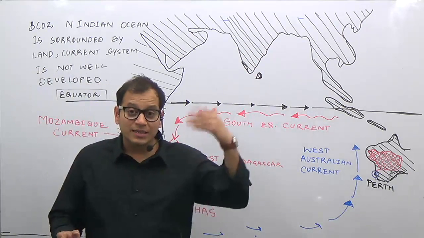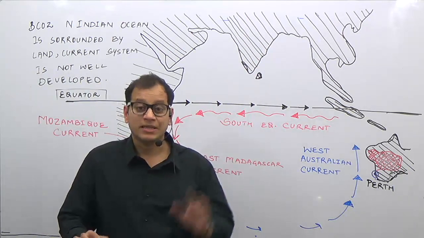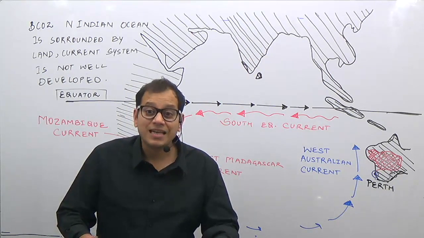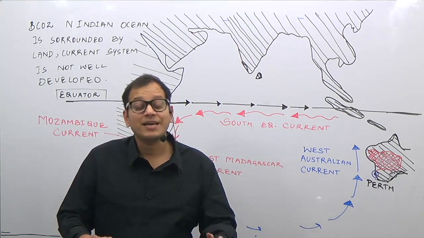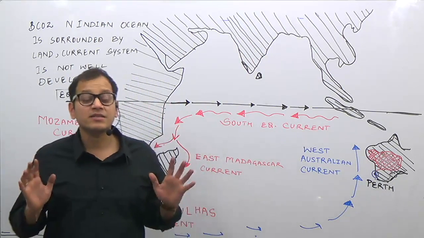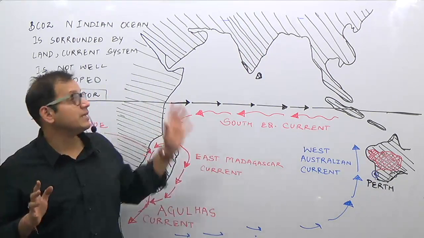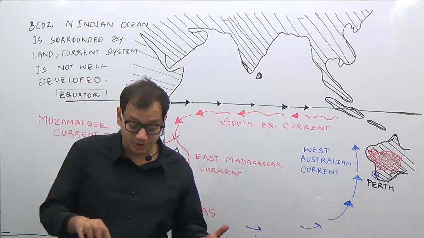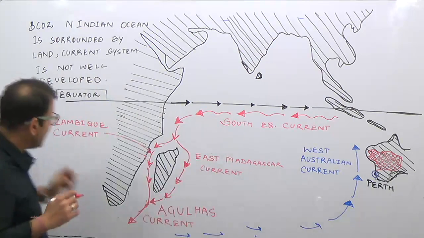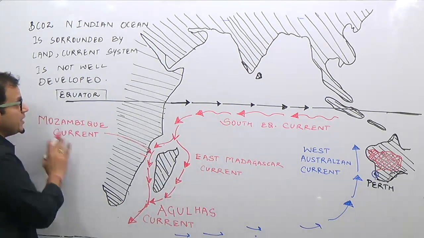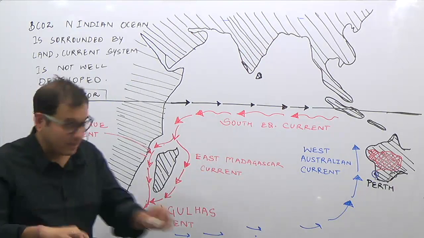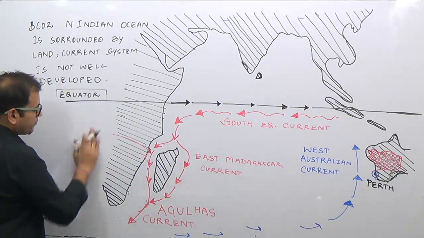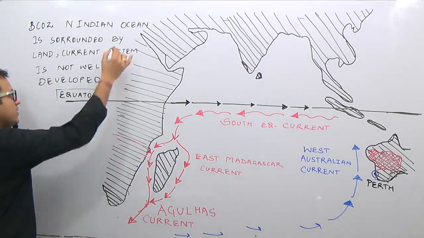Now look at the currents of the Northern Indian Ocean. Remember, the current system of the Indian Ocean is largely controlled by landmass and by the winds. Nowhere is the effect of the winds so dominant as in the Northern Indian Ocean. So you can remember the currents of the Indian Ocean are largely controlled by winds and the landmass.